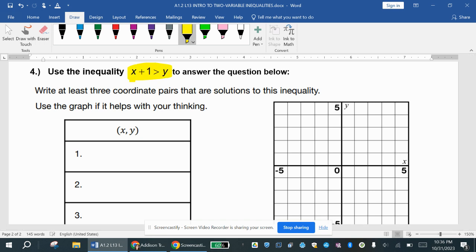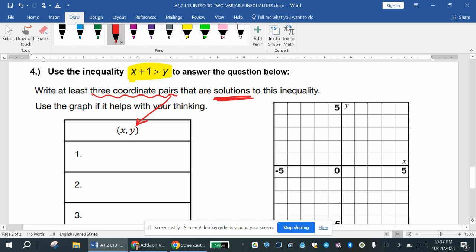X plus 1 is greater than y. And they want us to write three coordinate pairs. So remember, coordinate pairs are ordered pairs, x comma y, that are solutions to this inequality, meaning if I substitute them back into the inequality, it should give me a true statement. Use the graph if it helps with your thinking.